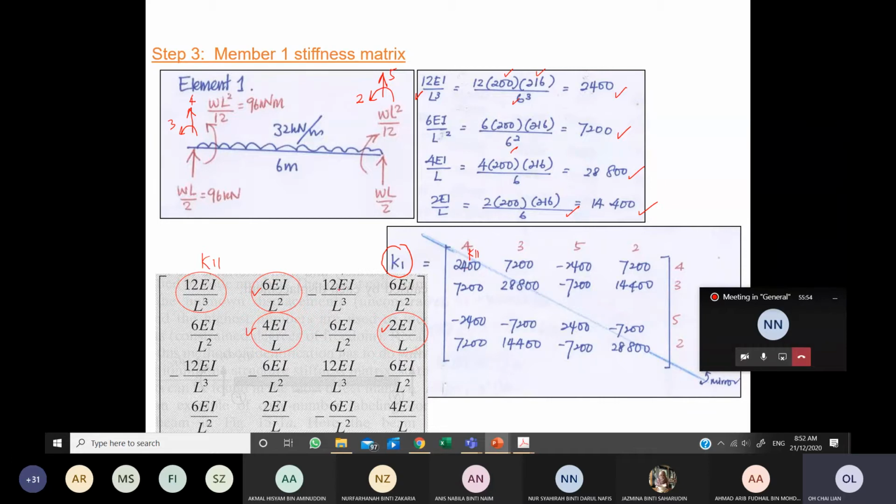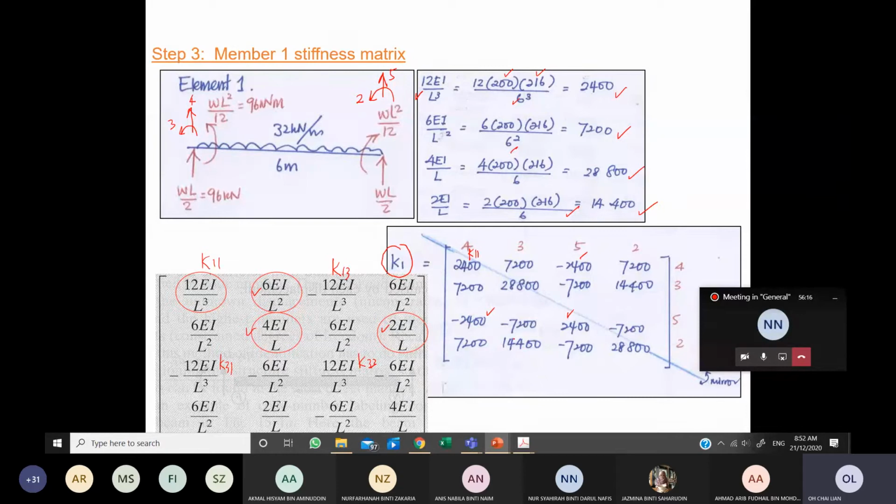Then you go and find which are the same input, like K13, negative. Then what else? You see there's K31, you put it negative. K33, you put it.